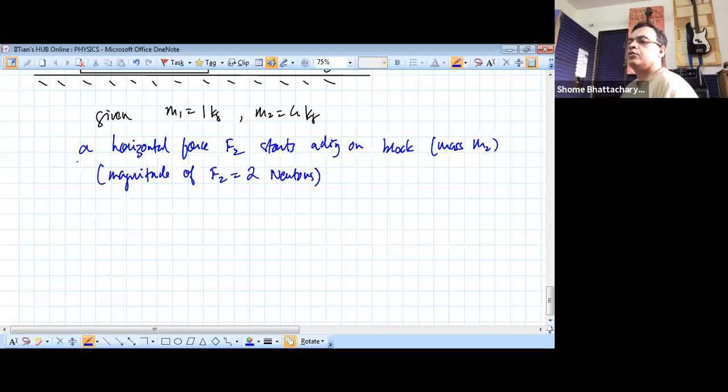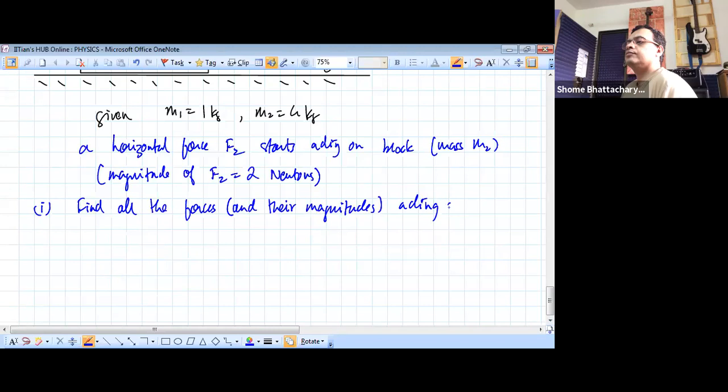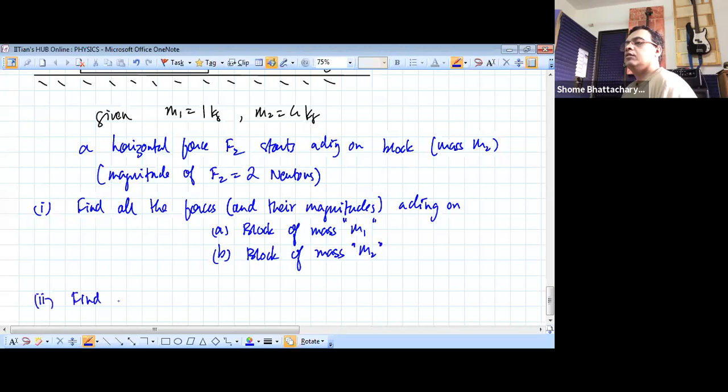So again, what we have to do here is, first of all, find all the forces and their magnitudes acting on the block of mass m1 and the second block of mass m2, and then find their accelerations, that is the accelerations of the blocks of mass m1 and m2.